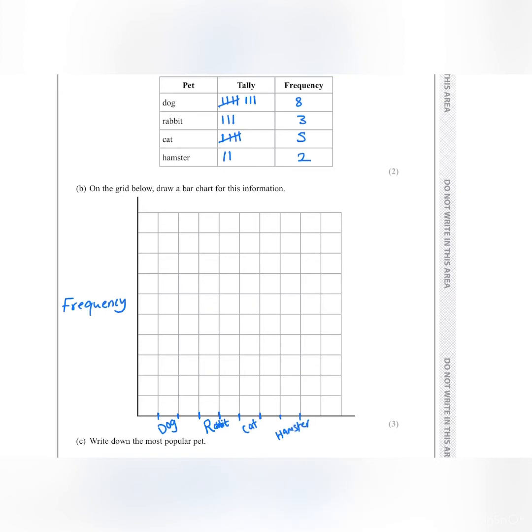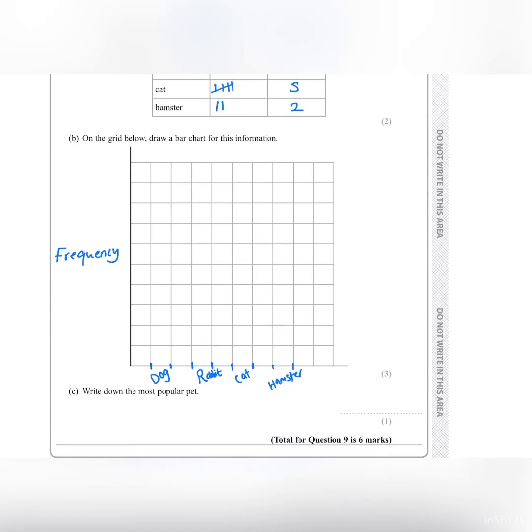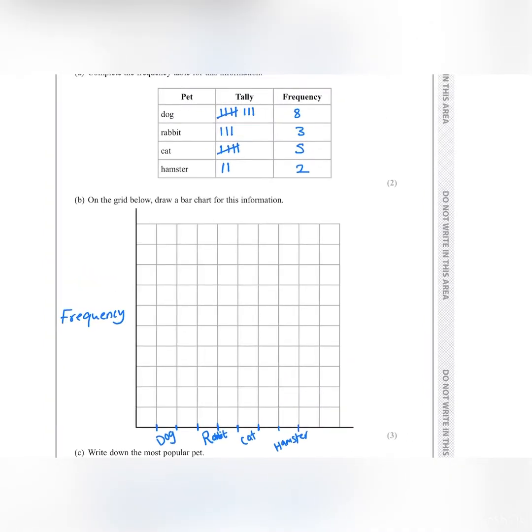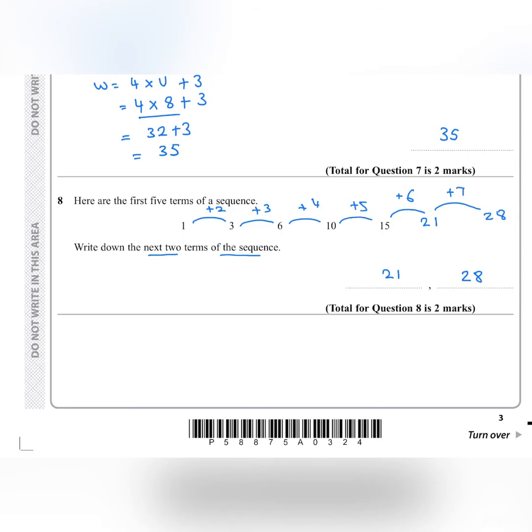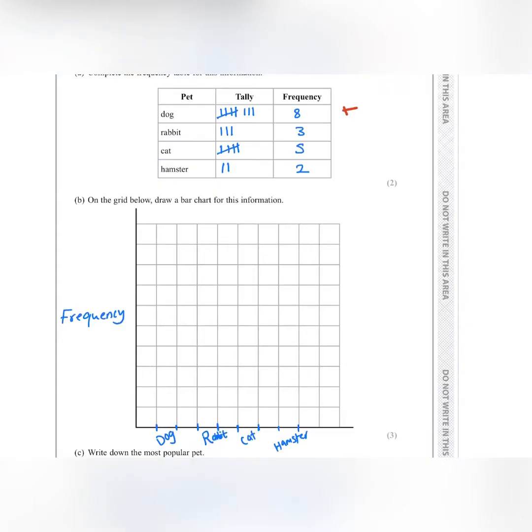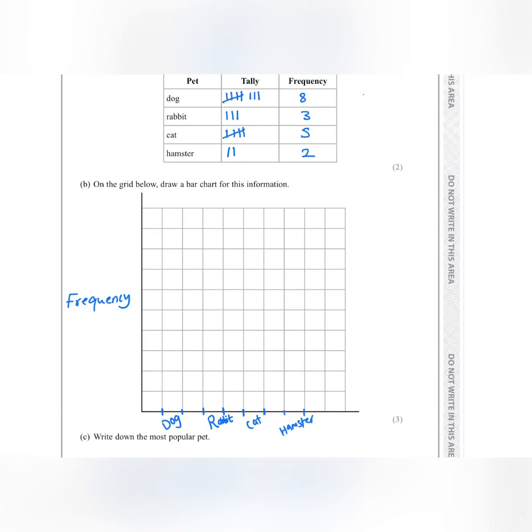Okay, so basically let's complete the bar chart first. And the frequency, we need to go up to 8. The highest number is 8. Okay, and if we label this frequency side, just make sure it starts with a 0.